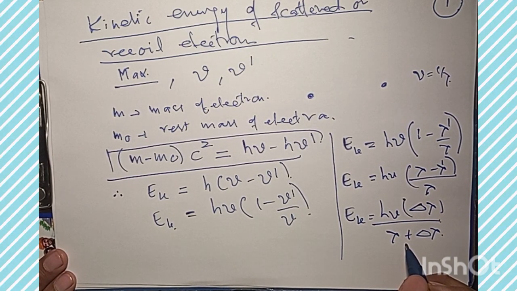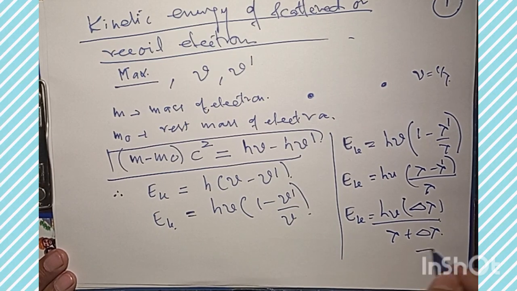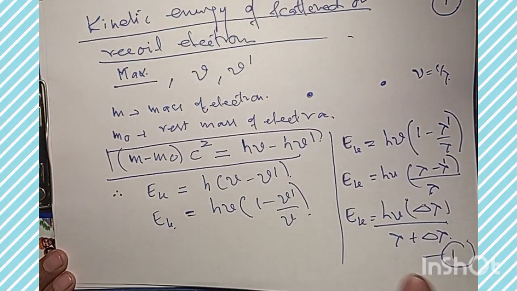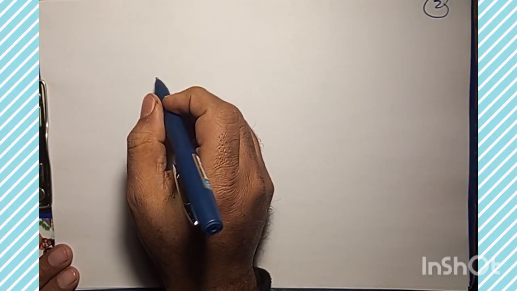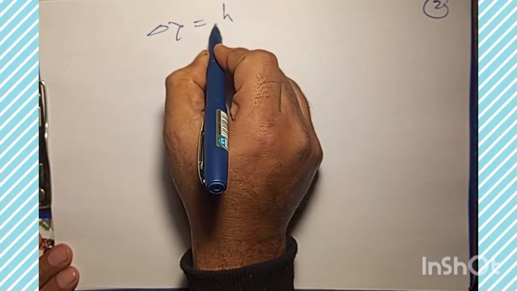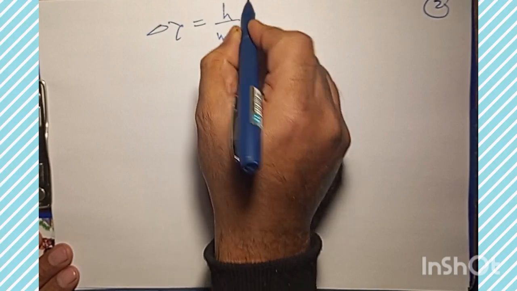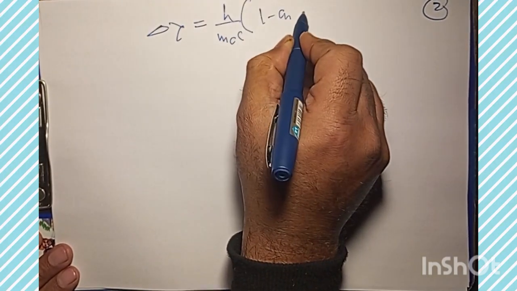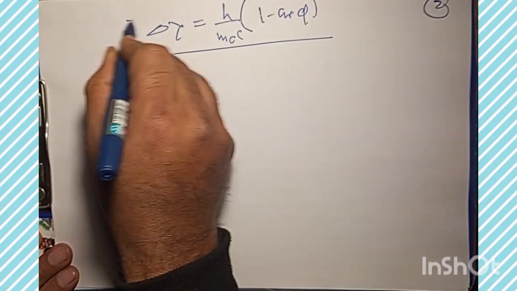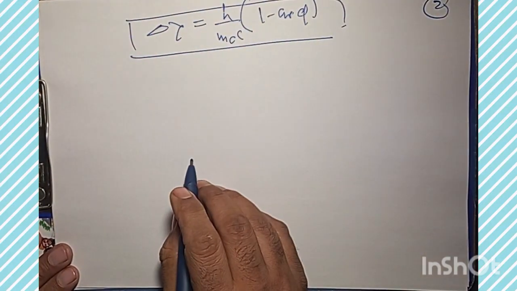So if we proceed from here, we have the Compton scattering equation, call this equation 1. The equation for Compton scattering is delta lambda equals h by m naught c times 1 minus cos phi.